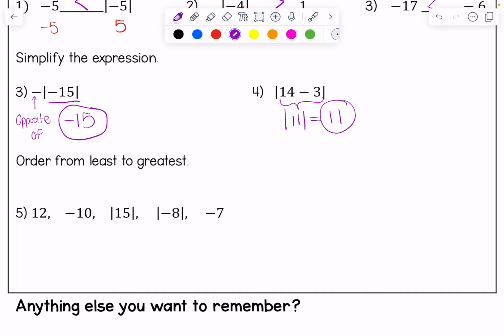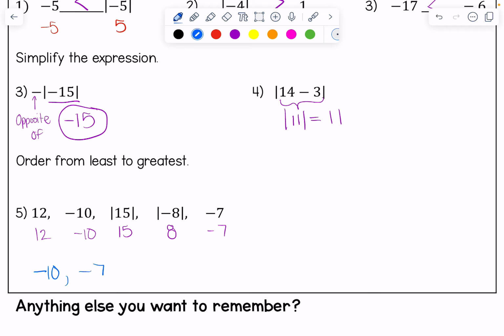Number 5, we are going to order these from least to greatest. Again, if you have any absolute value, you want to simplify whatever that value would be. So the absolute value of 15 is 15. The absolute value of -8 is 8. My numbers that I need to compare and order are down here, and I'm going to start with the one that would be farthest on the left, which would be -10.